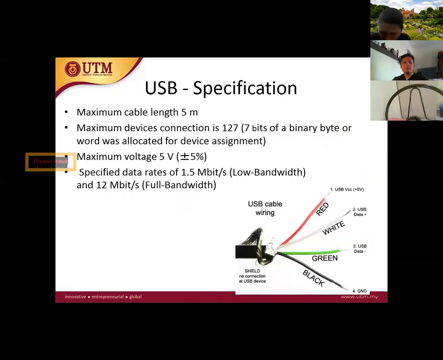USB specification: the optimum length of cable is around 5 meters. And sometimes you can extend the connection using a USB port, and the number of devices connected is 127.